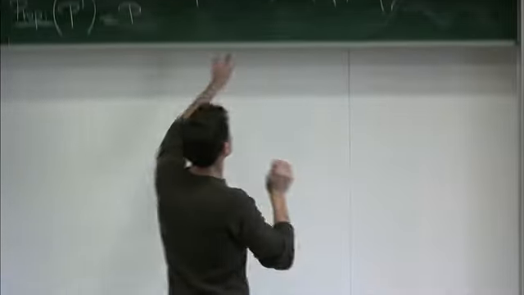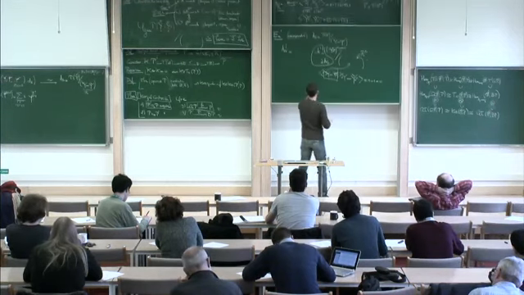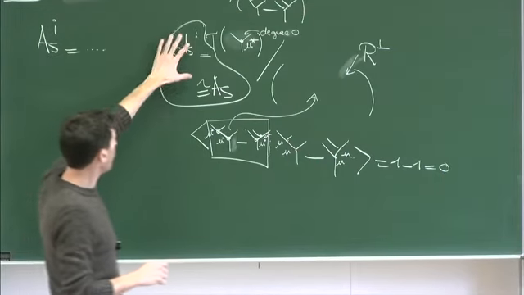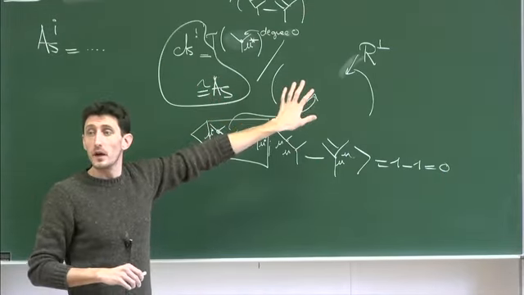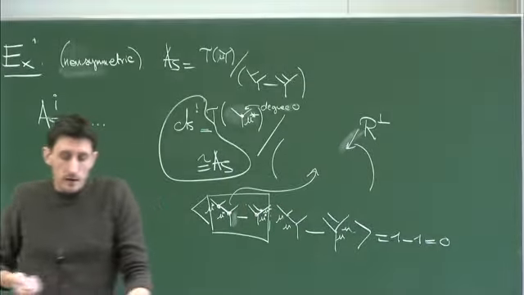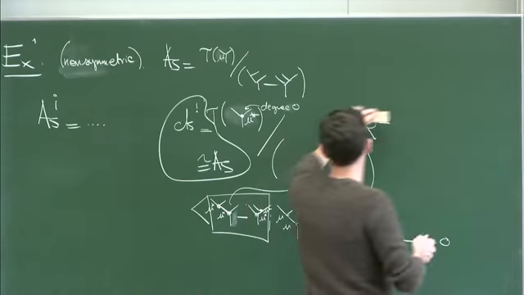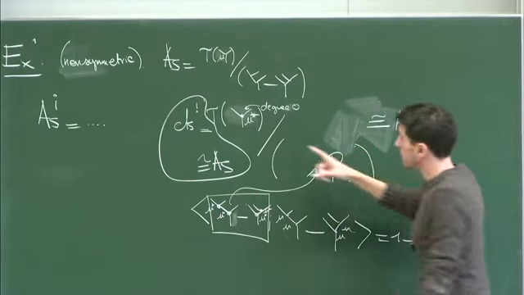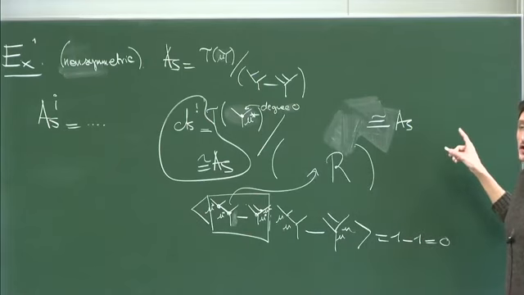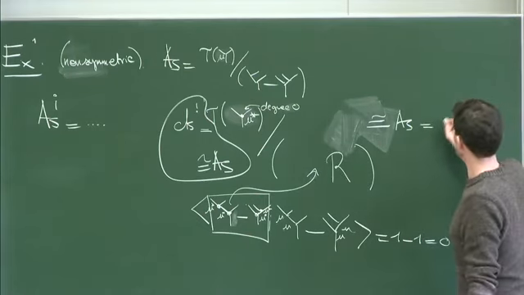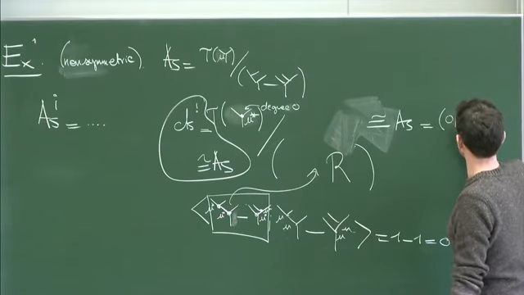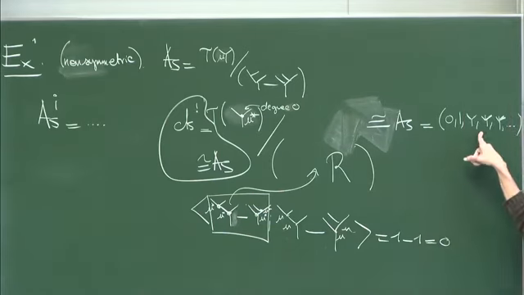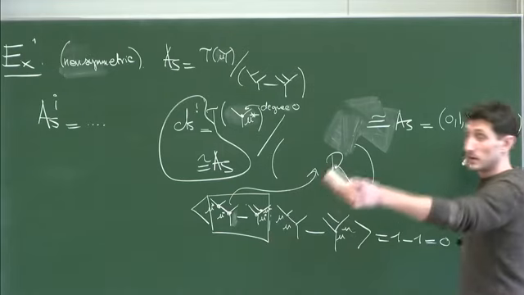Okay, and now I claim the following. First, this is the Koszul dual operad of As, and we were able to compute it. Now that we have a presentation for that operad, we are able to compute what we have in each arity: 0, 1, a binary product, a ternary product, etc. So this is exactly your question.